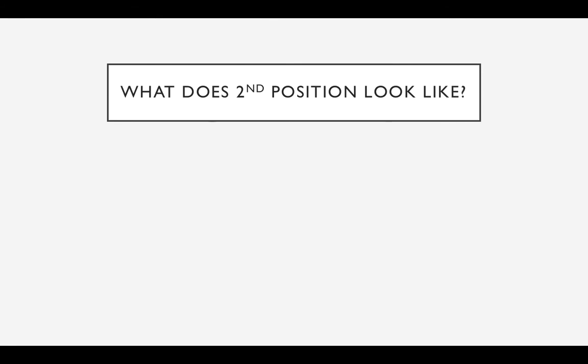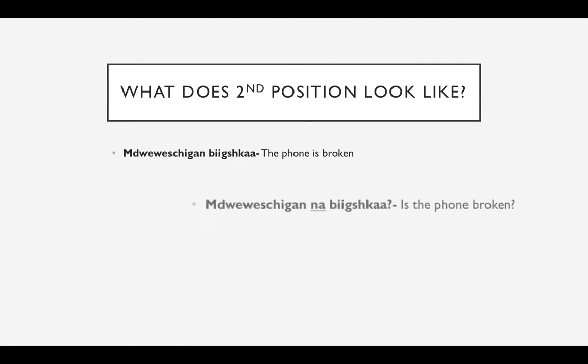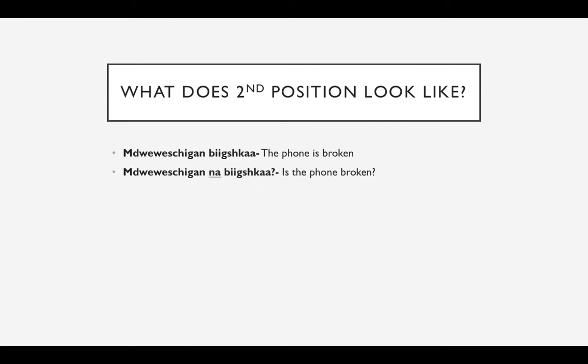What does second position look like? So here's a sentence, Ndwewes bikshka, meaning the phone is broken. Ndwewes na bikshka, is the phone broken? So notice how na is in second position here, or the second word in the sentence, and it changes the English to a question instead of a statement.